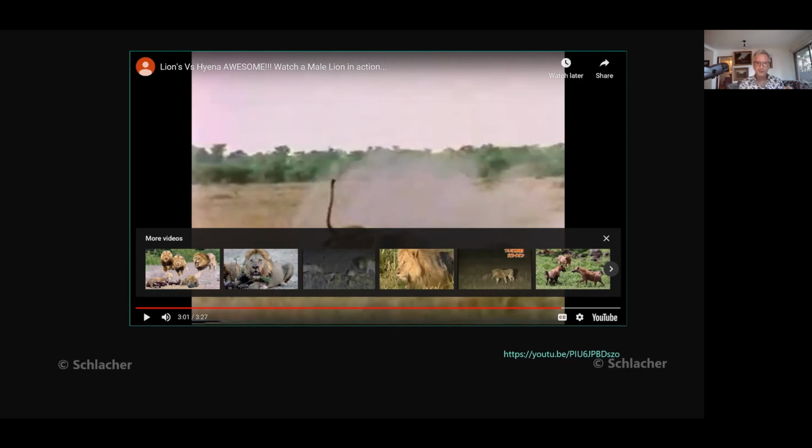But what you also didn't know is that most of the kills in Africa, of large game, are made by hyenas as active predators and not as scavengers. And again, that usually happens during the night. So you can only piece together a full story of an ecosystem or of a particular fauna component if you look at it 24 hours a day.